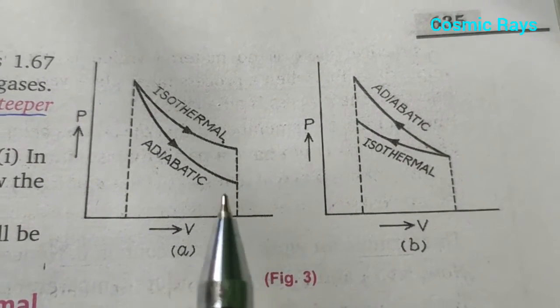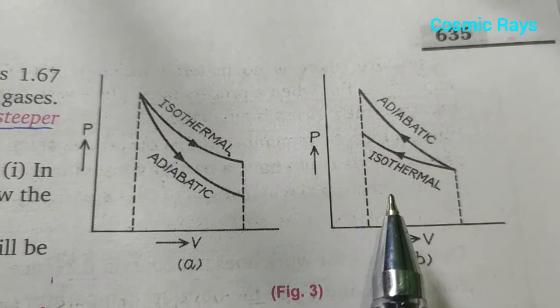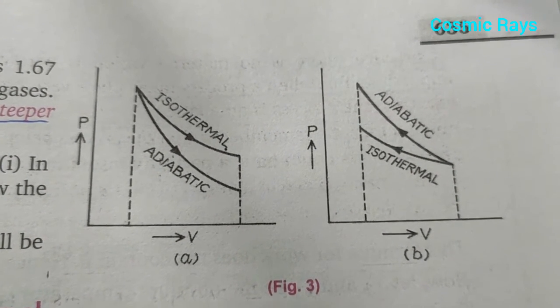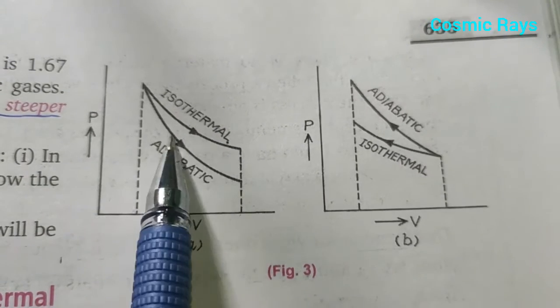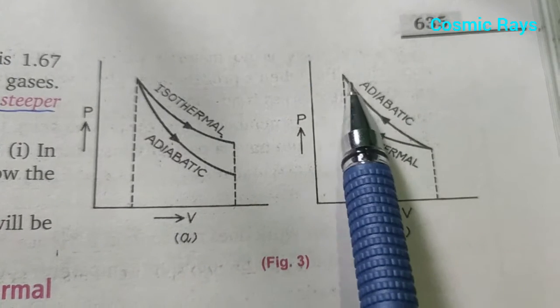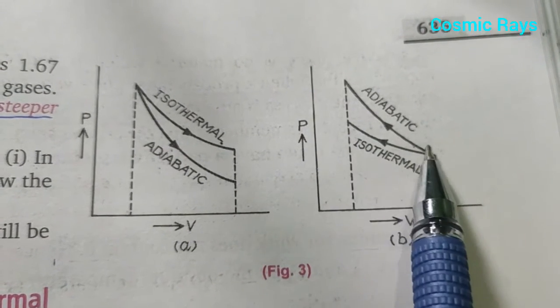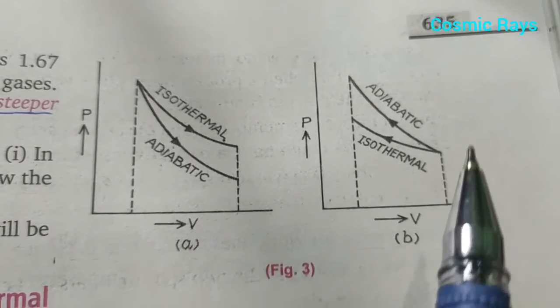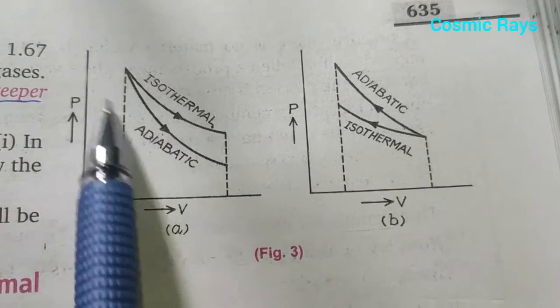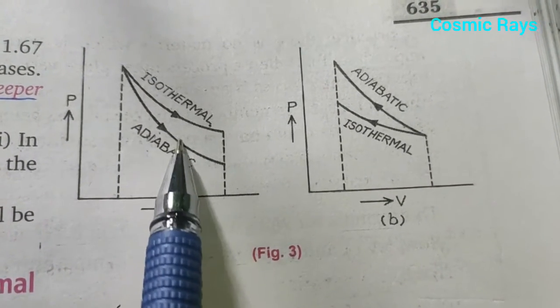So the adiabatic curve at any point has a steeper slope than the isothermal curve at that point. So adiabatic curve is steeper in this case, and in this case also the adiabatic curve is more steep compared to isothermal curve.